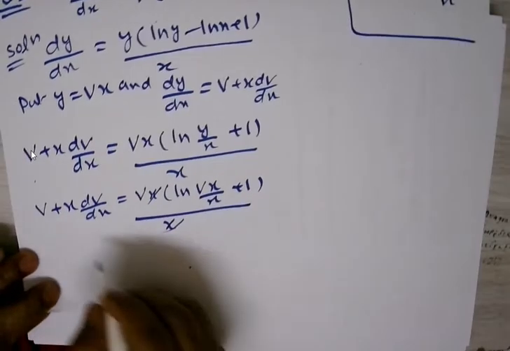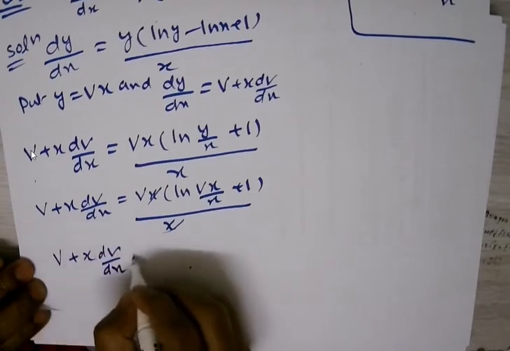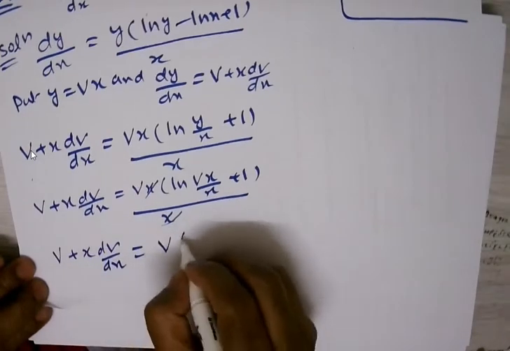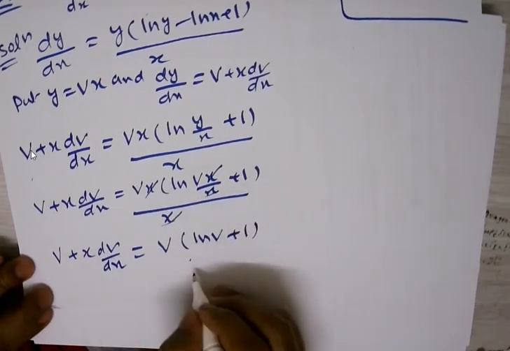Just simplify it. So it comes v plus x dv/dx equal to v times ln of v, this x cancels, plus 1.